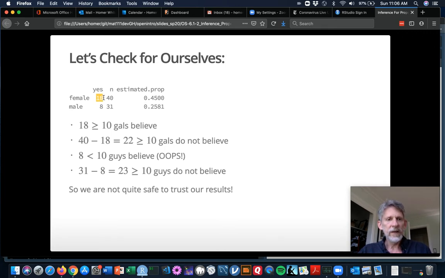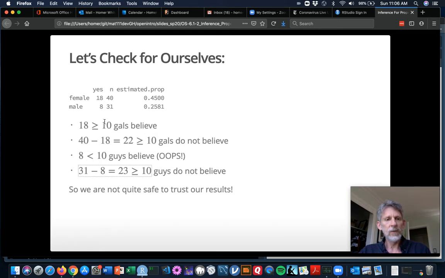There were 18 yeses in our first sample, the females. That's at least 10. We're okay there. But the number of failures was the number of females asked the question, which is 40, minus 18. That's 22. Well, that's also bigger than or equal to 10, so we're okay there. There's 8 males who said yes. Oh, that's less than 10. That's going to be a problem.